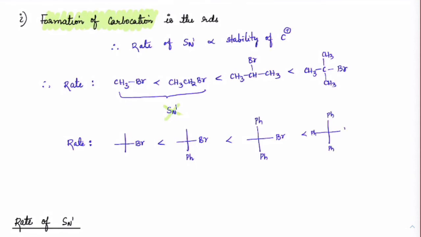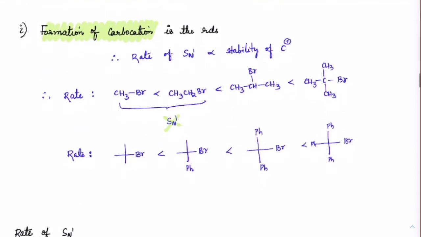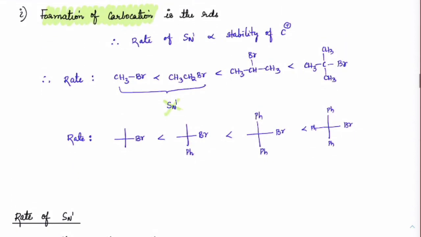You have studied the same thing for the E1 mechanism, because SN1 and E1 go hand in hand. There is no difference in SN1 and E1 mechanism, except temperature. If temperature is more, E1 is favored, otherwise SN1 is favored. So the questions which are valid for SN1 are also valid for E1, guys.